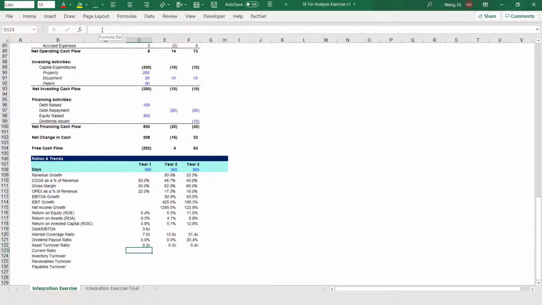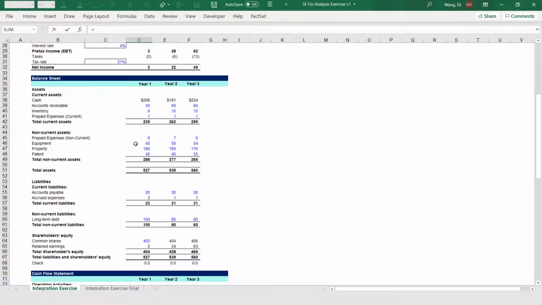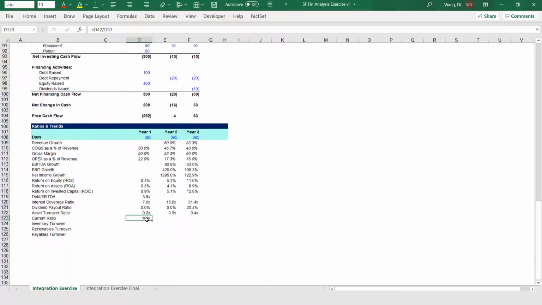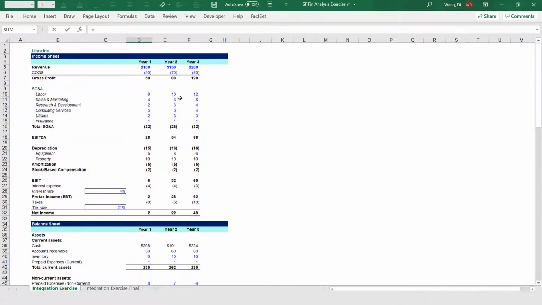Current ratio is going to be current assets divided by current liabilities. So our total current assets divided by our total current liabilities. And then our inventory turnover is calculated by taking COGS and dividing it by average inventory.